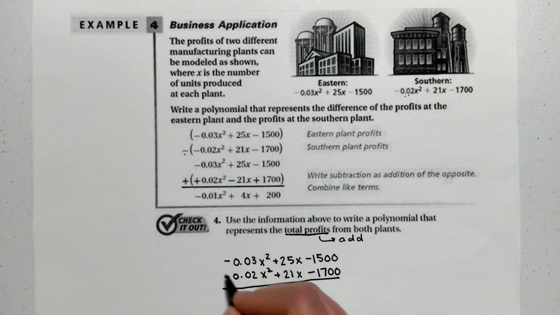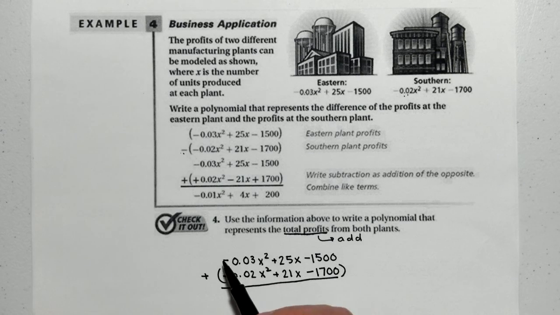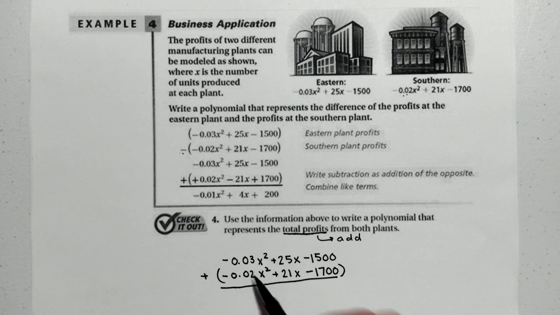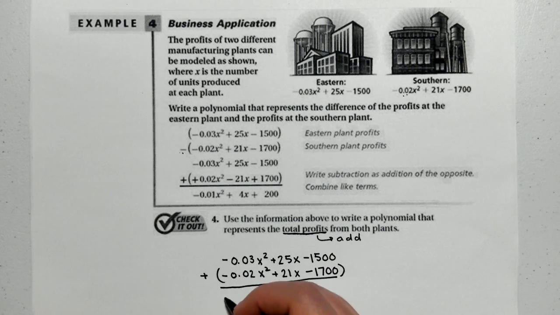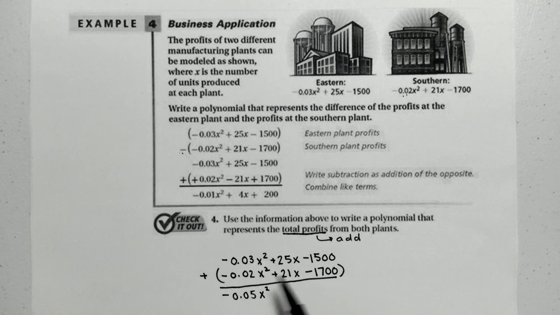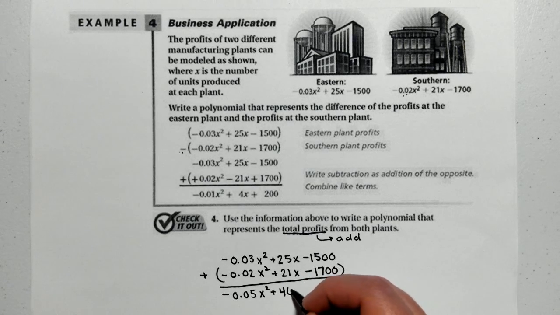So I'm going to add these two polynomials together. So negative 0.03 plus negative 0.02 is going to give me negative 0.05x squared. And then 25x plus 21x will give you 46x, so plus 46x.